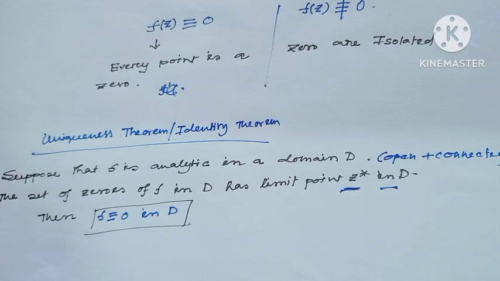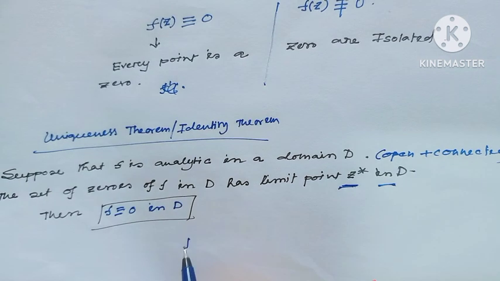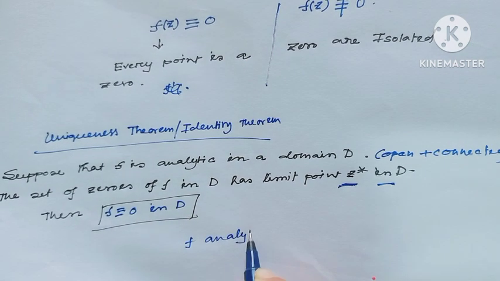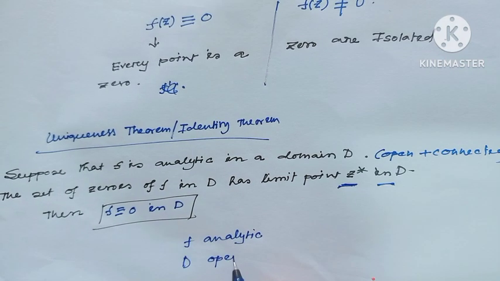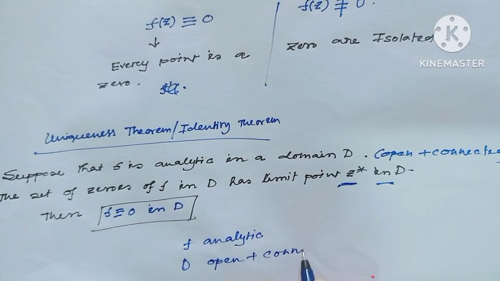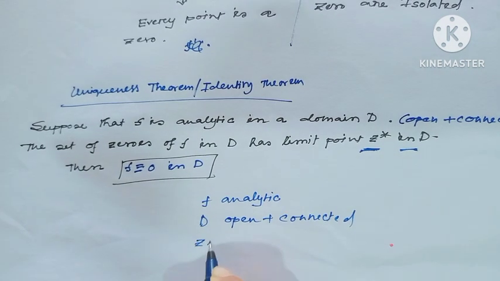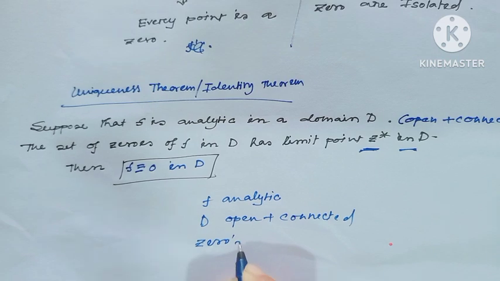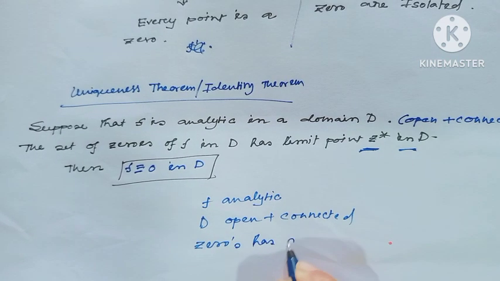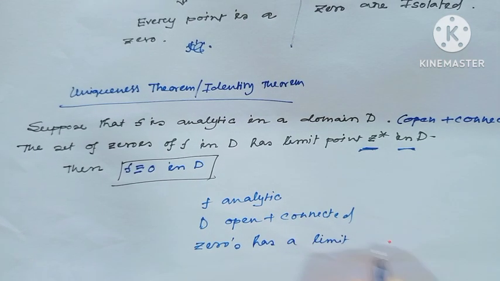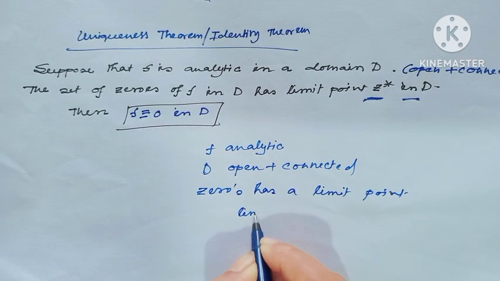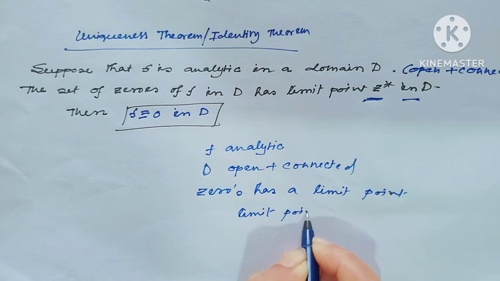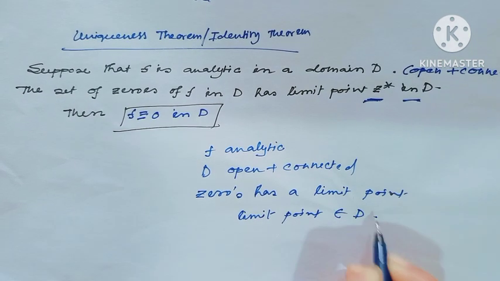That means, first, f is analytic. Second, D is an open plus connected domain. Third, zeros have a limit point, and obviously this limit point belongs to this domain.